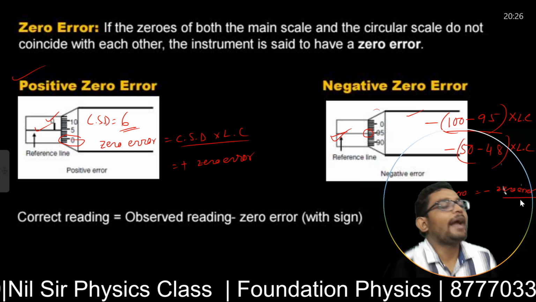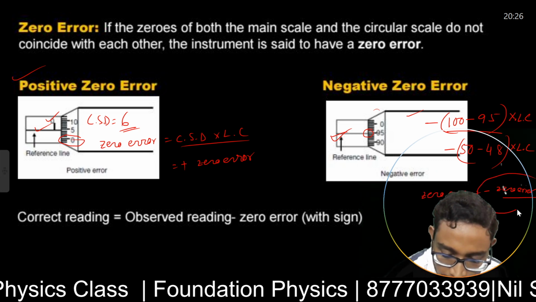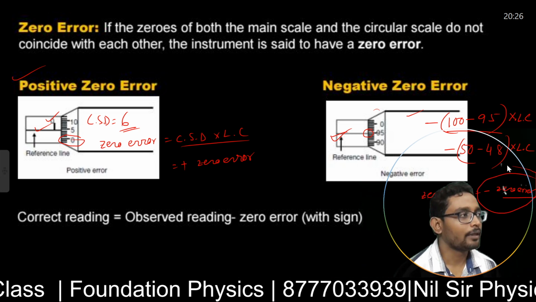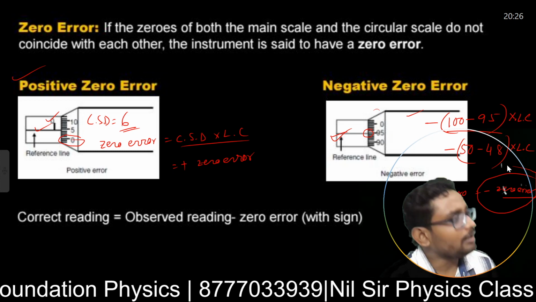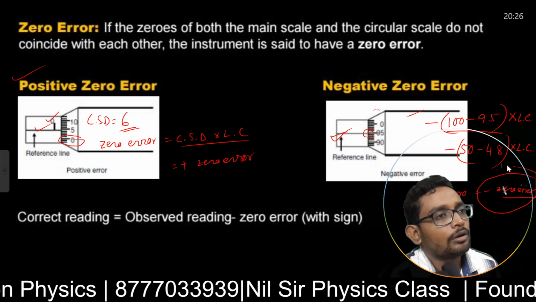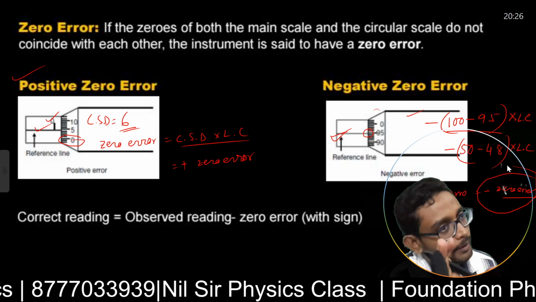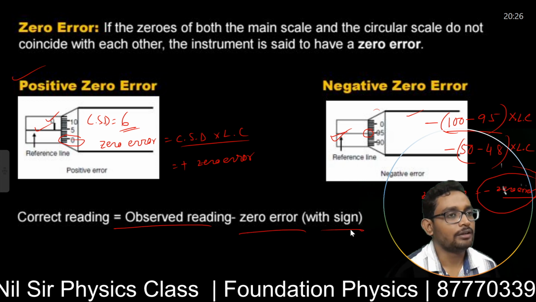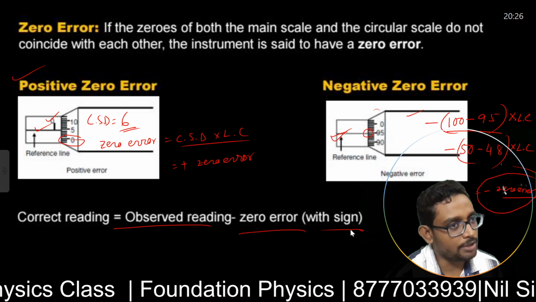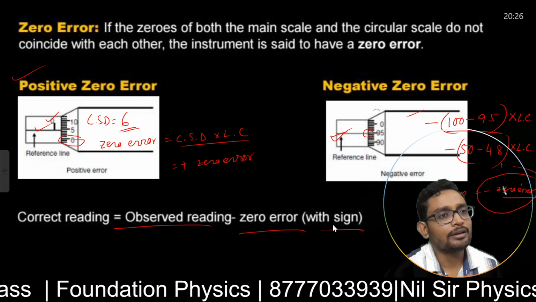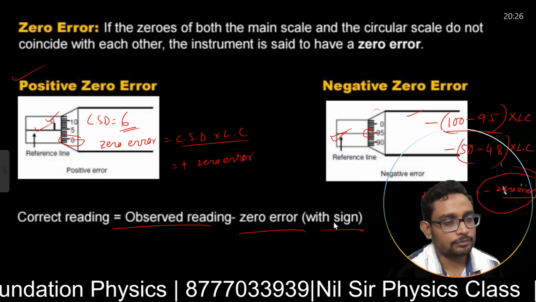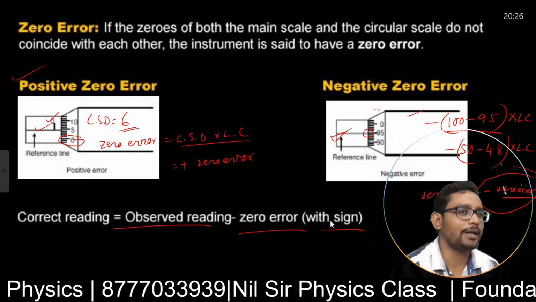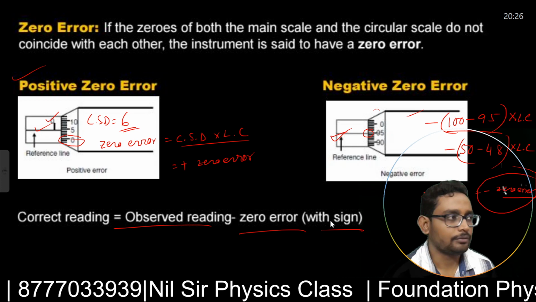You will put the value with sign. When you finally measure a thing, you put the value with sign. Okay? So your observed reading will be with sign. If it is positive, you will put the value positive, negative within bracket. Within bracket you will put the value.